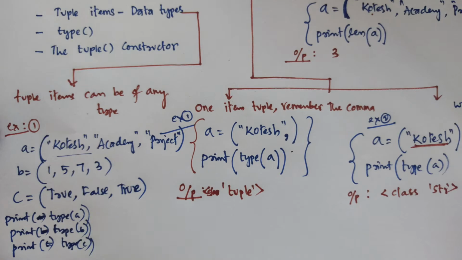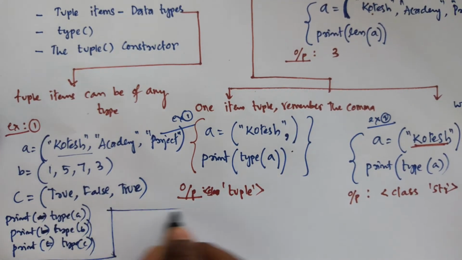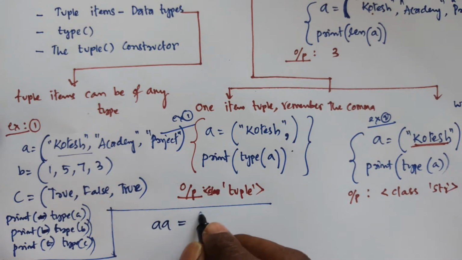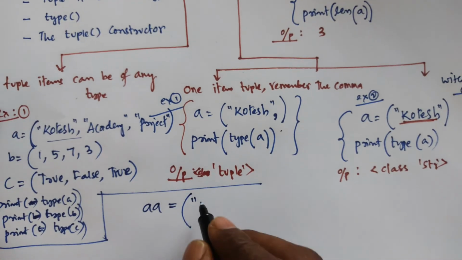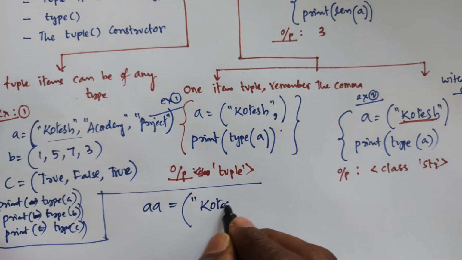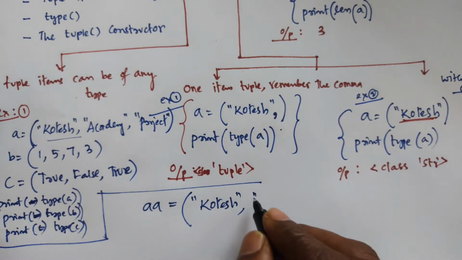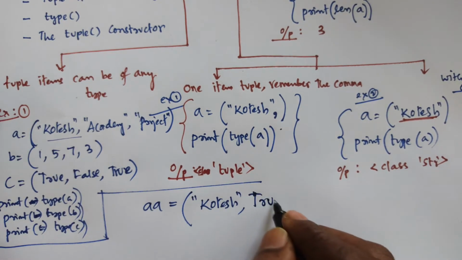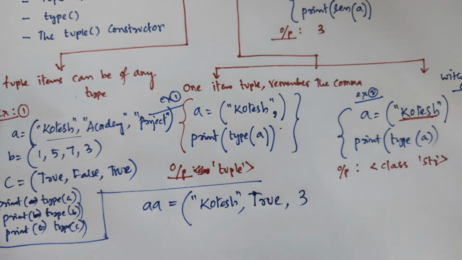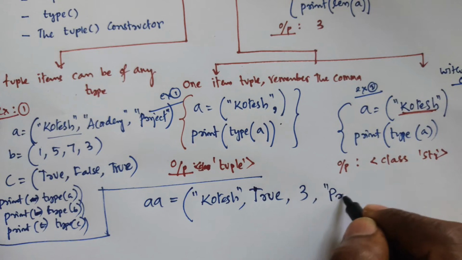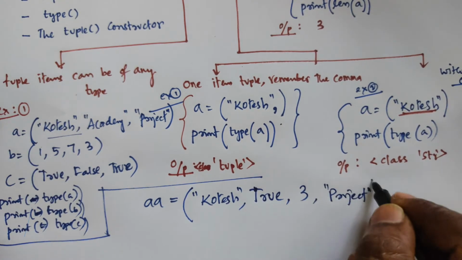But what is the conclusion about this? If you take another variable A, you write in the same single variable a combination of all types. The first one is string, next one, for example without quotes, true, a Boolean, number 3, okay, like that. Next, once again you write project, like that.